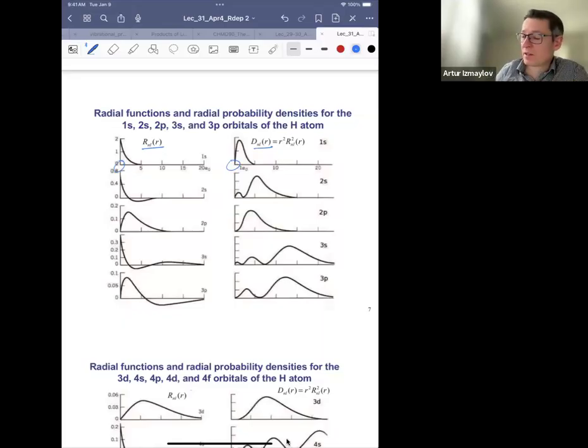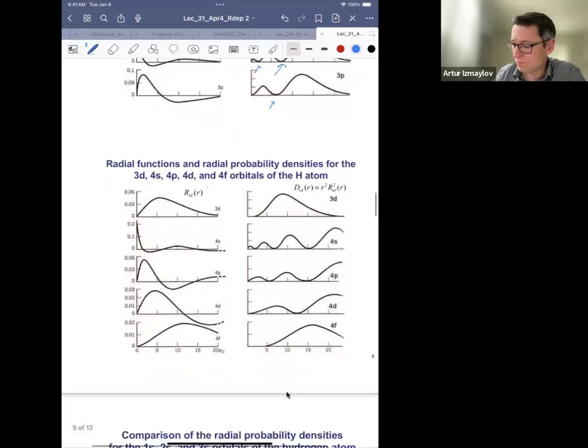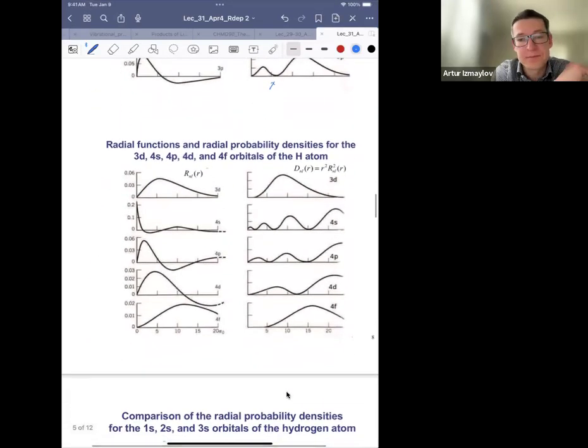And then there are nodes appearing because of the principal quantum number and also the angular quantum number. 3s has more nodes, 3d has no nodes, 3p has one node, and so on. Any questions here?